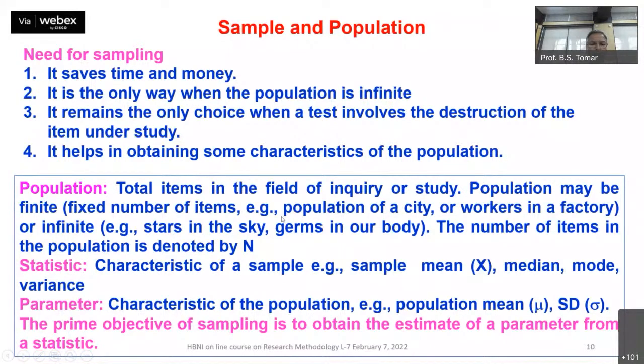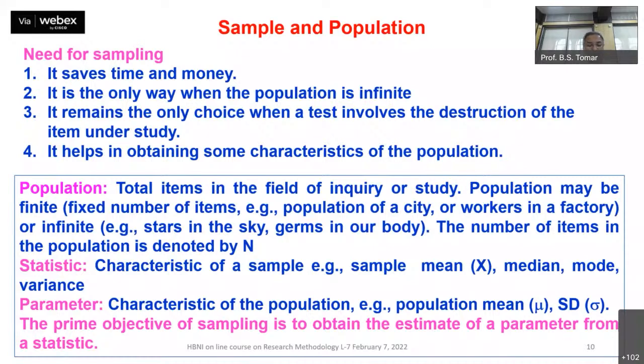For the population, they are called parameters, and for the sample, they are called statistics. So the characteristics of a sample, like the sample mean or the median or mode or variance, are called statistics. Whereas the characteristics of the population, like mean, population variance, or standard deviation, are called parameters.